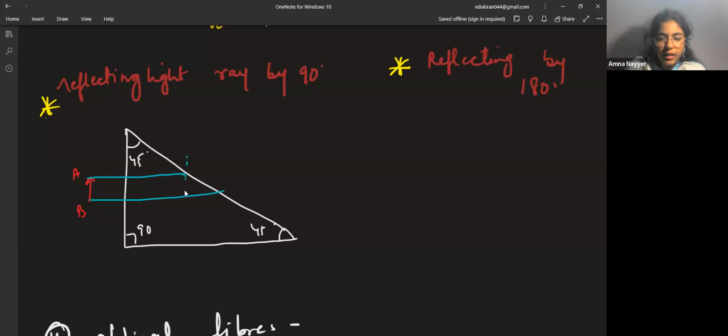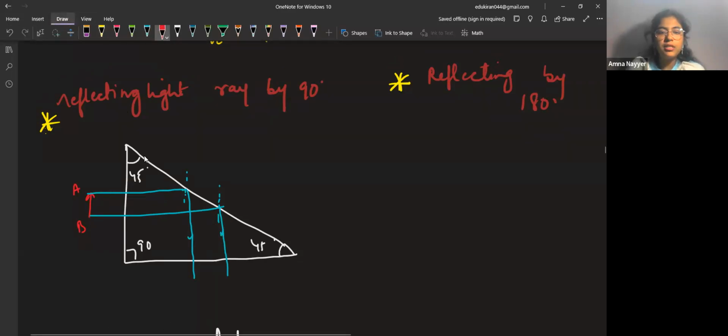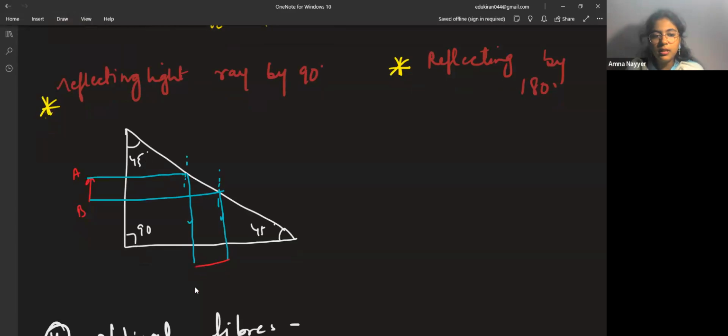At this particular point, TIR will occur, meaning the critical angle of 42 degrees will be crossed. Because of total internal reflection, light rays will get reflected. The image that is formed is A dash, B dash. Initially it was like this, now it is like this, 90 degrees. This is how reflection occurs by 90 degrees.